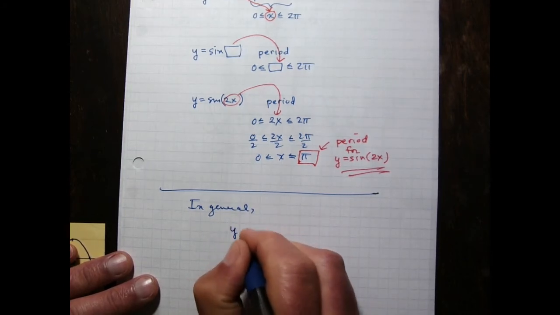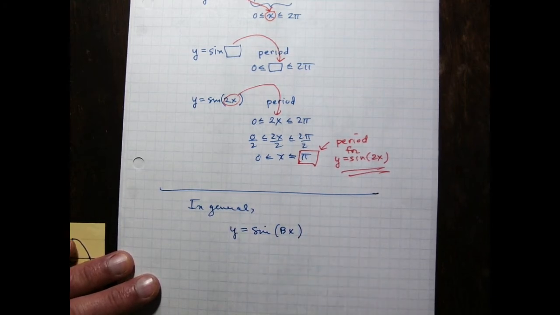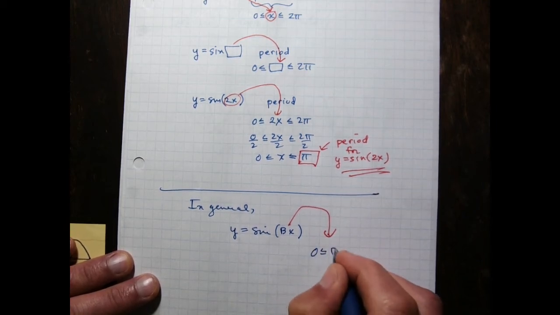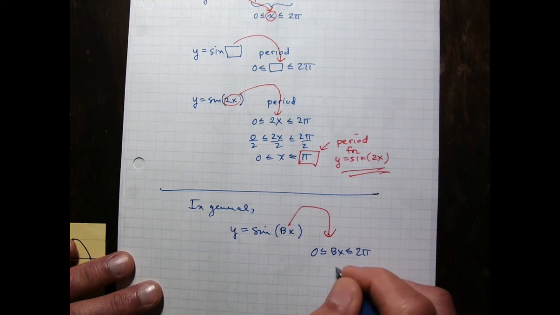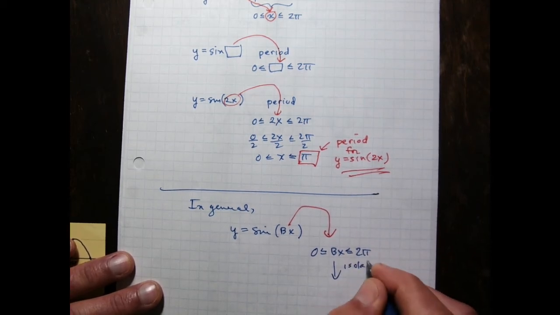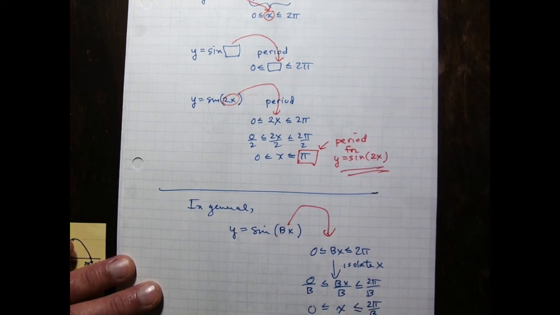If I take y equals sine of bx, I can take that bx and put it in an inequality where I have 0 and 2 pi at each end, and then isolate x by dividing by b, and I get 0 less than or equal to x less than or equal to 2 pi over b.